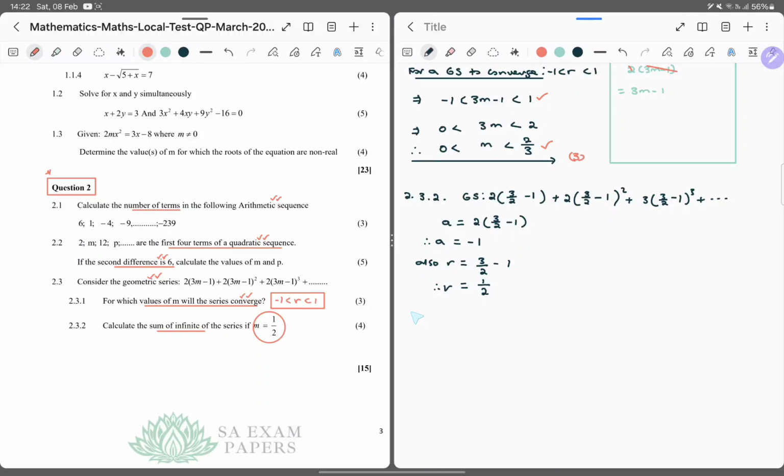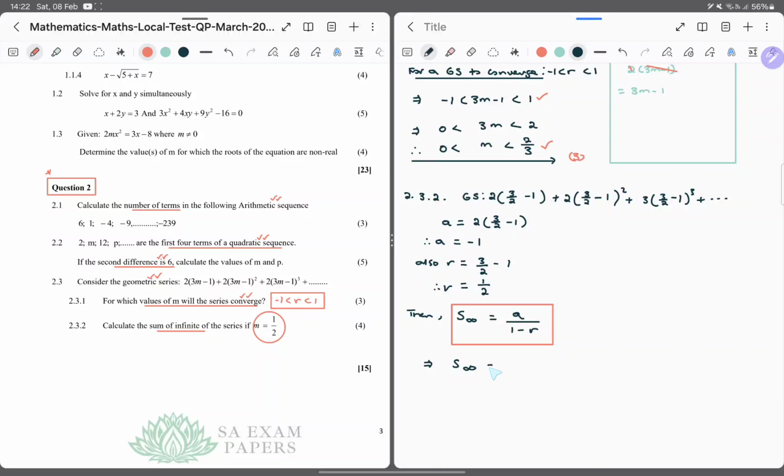We can say, well, we know that sum to infinity is a over 1 minus r. Okay, we need to show this. This needs to be shown. Don't just jump in. Okay, at this point we follow the examiner's instructions.